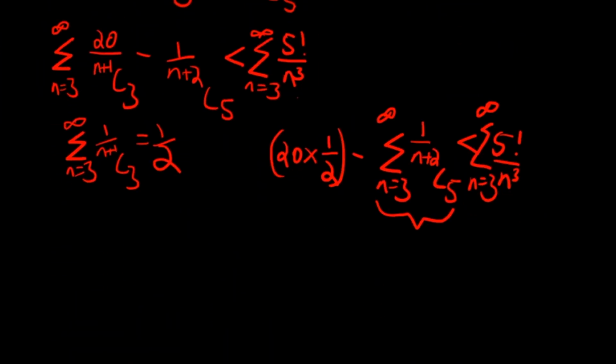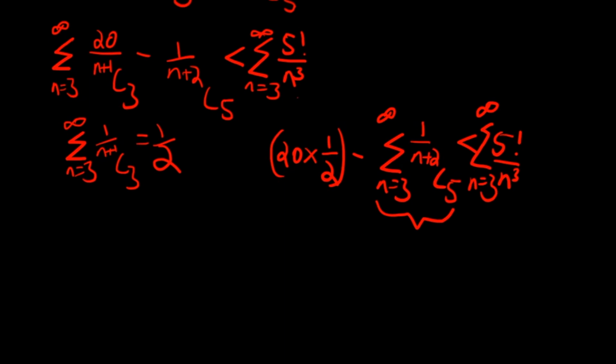So r plus 1 has to be equal to 5, which means r has to be equal to 4. So we need n plus 4 up here. However, of course, we don't have that. We have n plus 2. So, if we look at the first term of this sum, it'll be 3 plus 2, which is 5. So 1 over 5 C5.